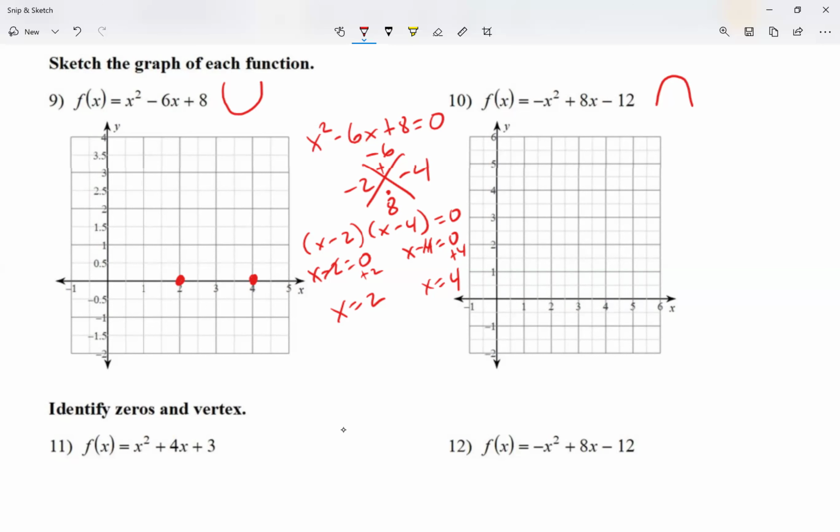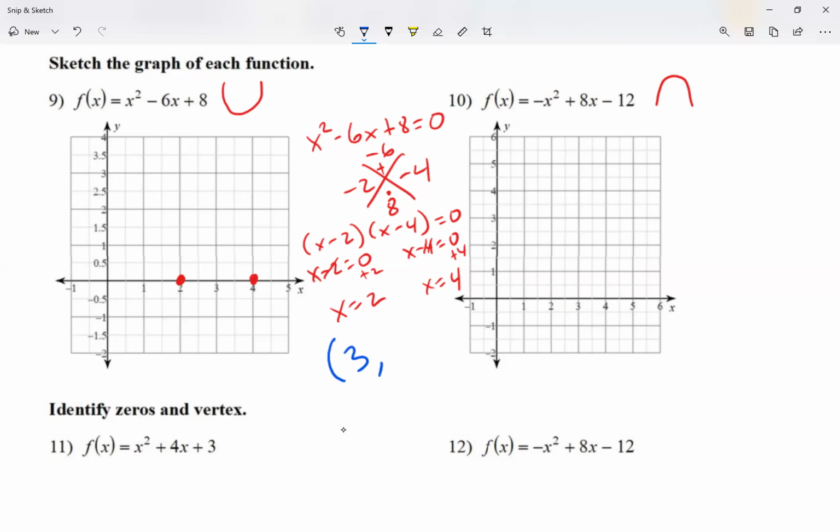So what number is right in the middle between the 2 and the 4? Well, 3. So my vertex, my x value is 3. Again, the number between the zeros, the 2 and the 4, was 3. So that's my x value of my vertex.